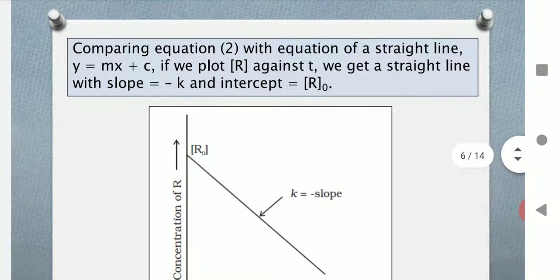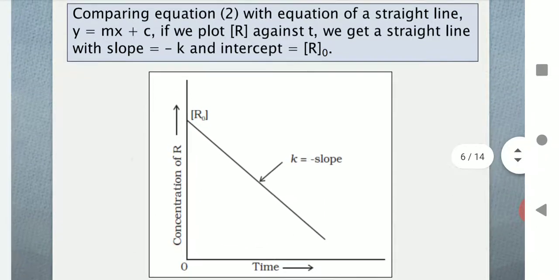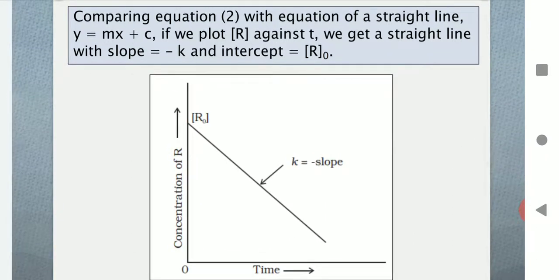Now if you compare equation 2, what is equation 2? We just now saw equation 2 is R is equal to minus KT plus R naught. So if you compare that equation with the straight line equation y is equal to mx plus c, then you will see that if you are plotting concentration of R on the y-axis and time along the x-axis, then you will get a straight line, and this straight line will have a negative slope.